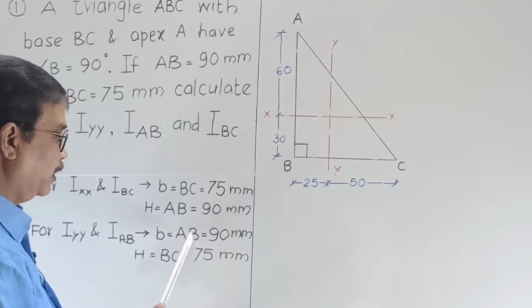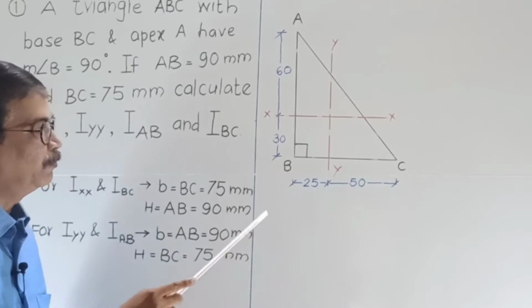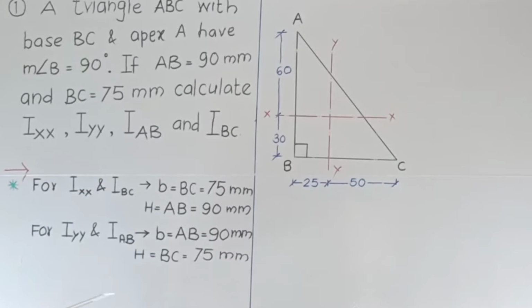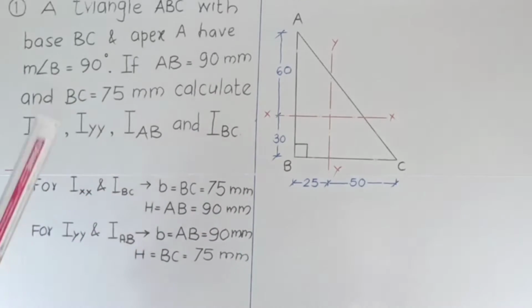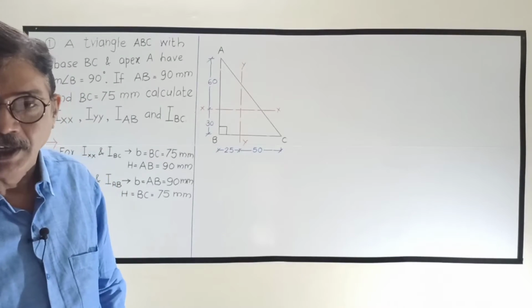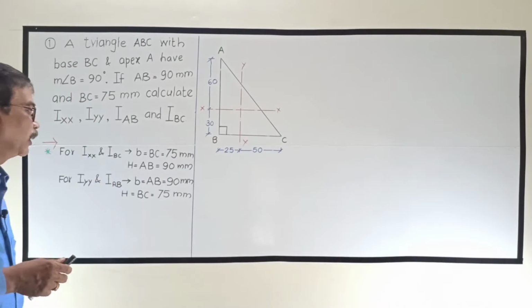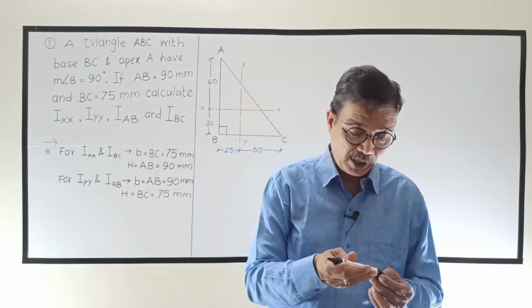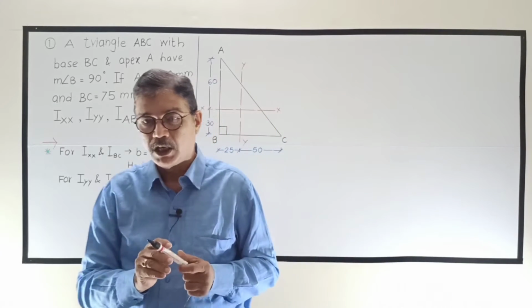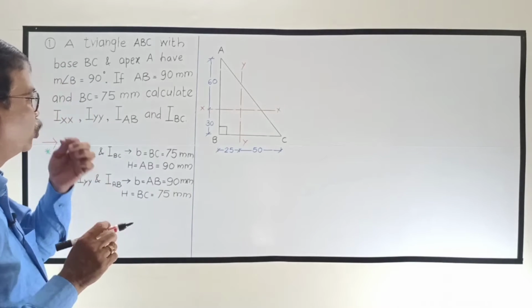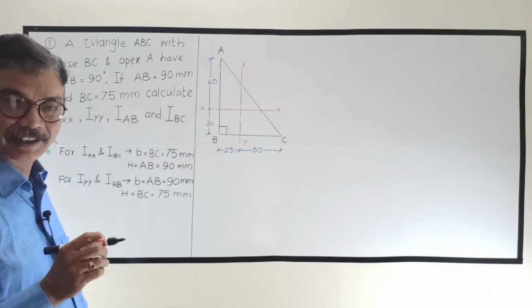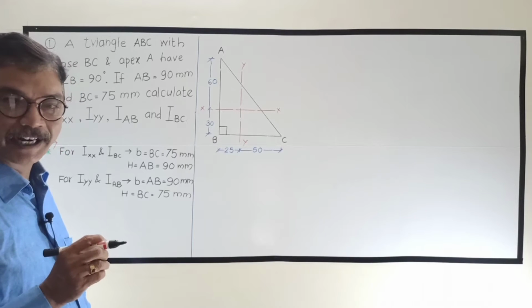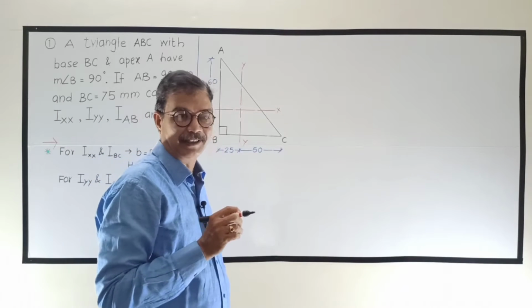So base will be AB equal to 90 mm, and this distance will act as a height, that is BC equal to 75 mm. Now we already saw in our lecture of standard formulae that moment of inertia of a triangle about centroidal axis is given as B into h cube divided by 36.